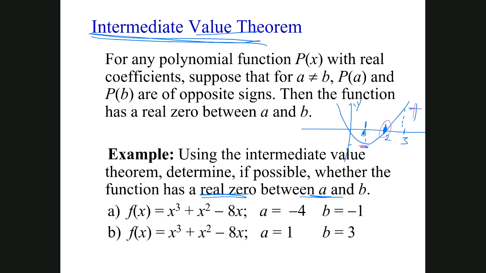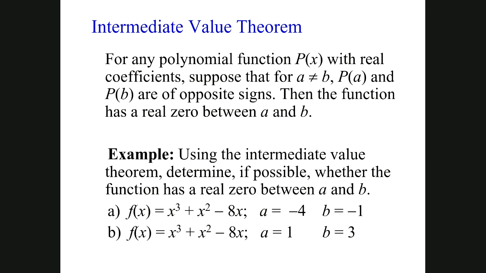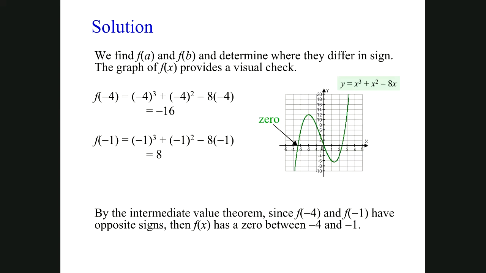So if you look at this one right here, when I have A equal to negative 4 and B equal to negative 1, these are the x values, right? I'm going to plug A equal to negative 4 into the equation, and then plug in negative 1 into the equation, right?